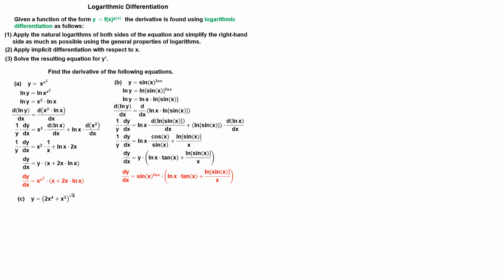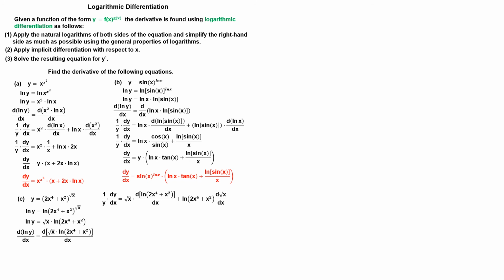Step 1. Take the natural logarithm of both sides, and after applying the exponent rule for logarithms, the exponent changes to the product on the right-hand side. Step 2. Differentiate implicitly with respect to x. We use the chain rule on the left side. After applying the product rule for differentiation on the right side, we apply the chain rule on the first term of the right side.